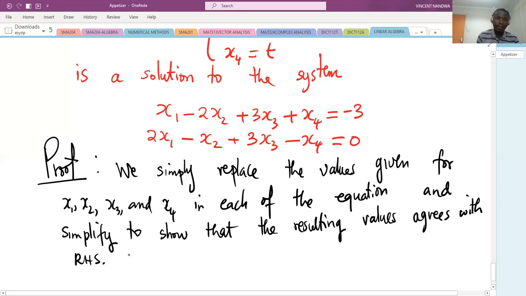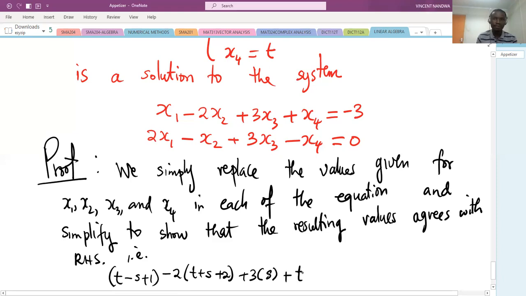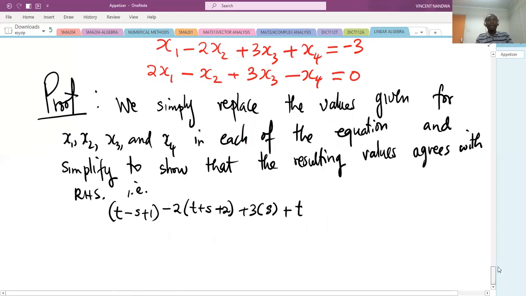That is, for the first equation, x1 is given by t minus s plus 1, and then minus 2 times x2, which is given by t plus s plus 2, and then plus 3 times x3, which is s, plus x4, which is t. So we have to reduce this to show that the answer will be minus 3.